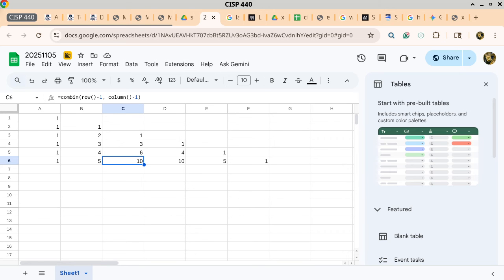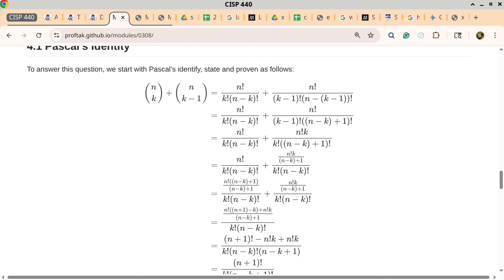Once you recognize the pattern, you say, oh, 10 is these 2 items added together. What is this? This is 4 choose 1. This is 4 choose 2. So that matches the pattern that we were talking about before, which is this pattern here.